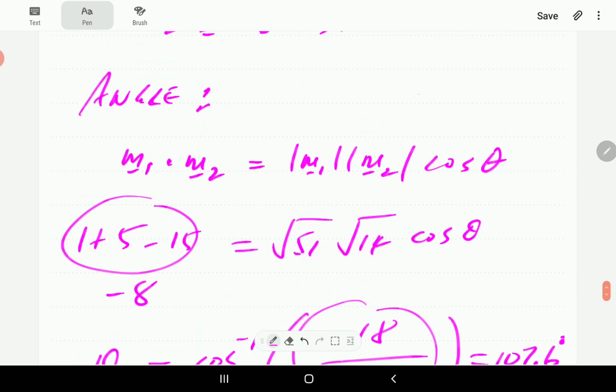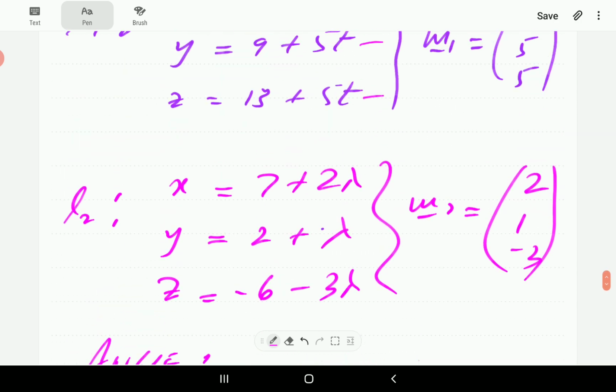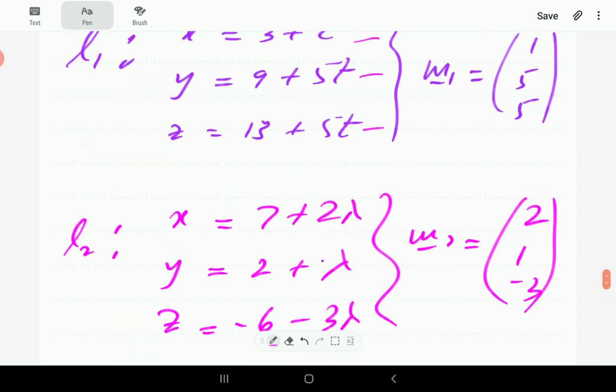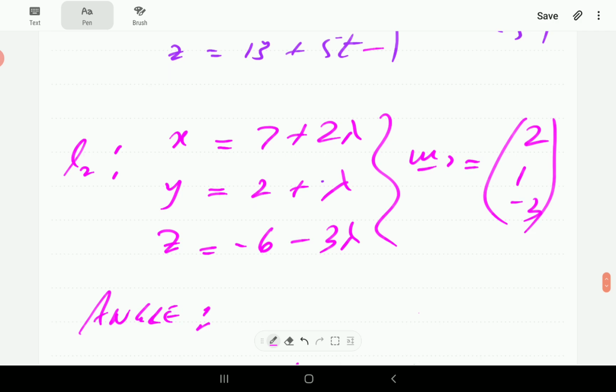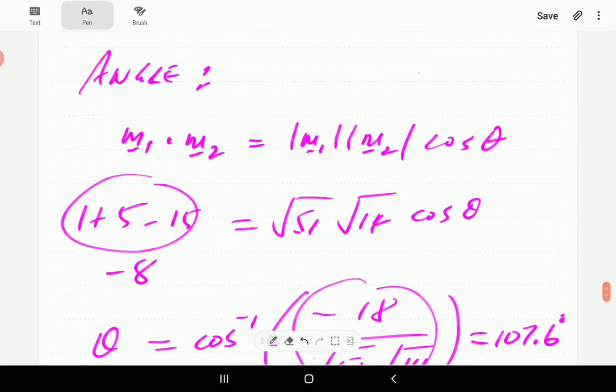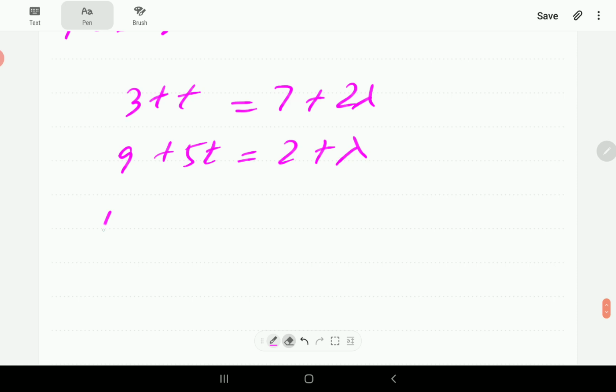Then lastly, 13 plus 5t must be equal to negative 6 minus 3 lambda. Now, as you can see, we have got a system which is, I think the term is overdetermined. It's got 2 unknowns, but we've got 3 equations.